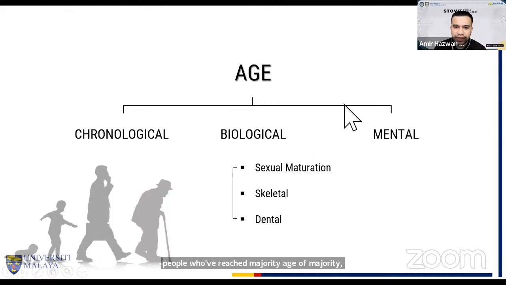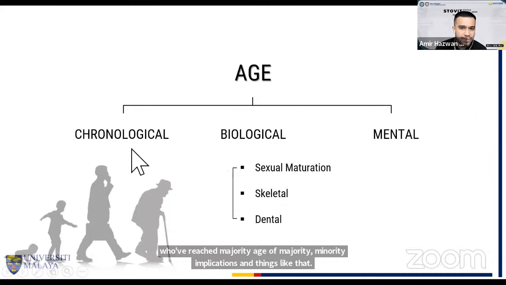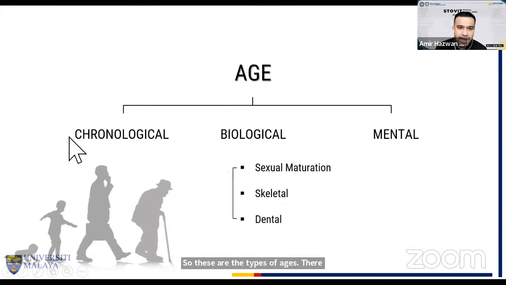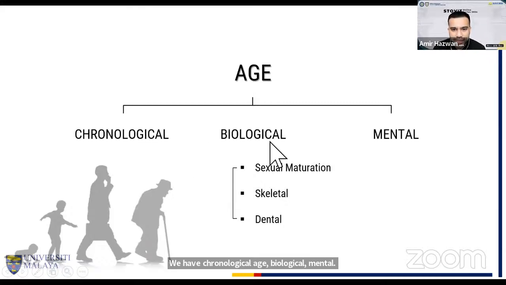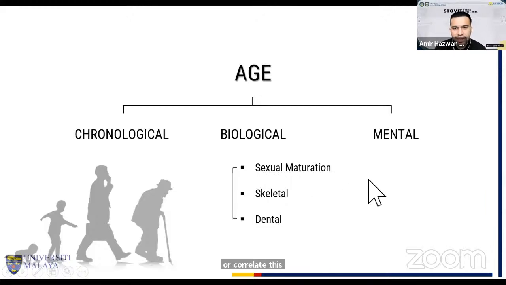So these are the types of ages. There are many types of age that we have: chronological age, biological, mental, all of this, and usually we try to associate or correlate these ages with each other. For example, biological, we have sexual maturation, skeletal, dental.